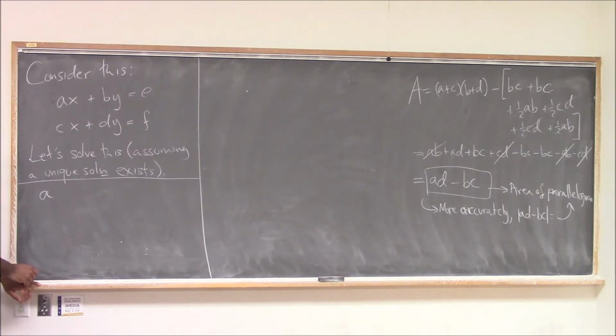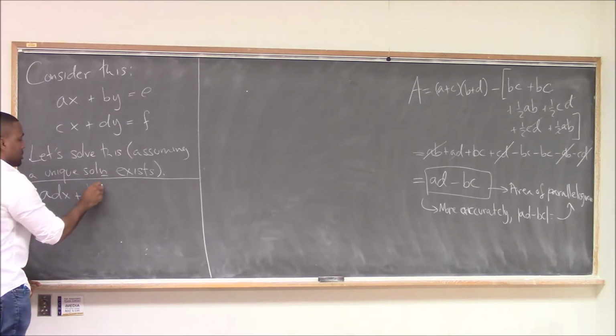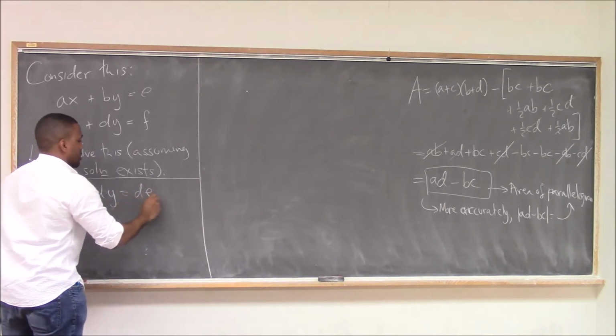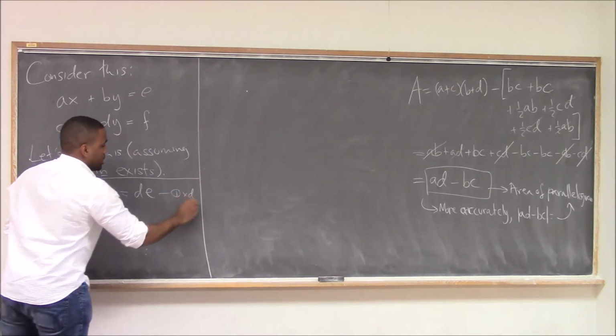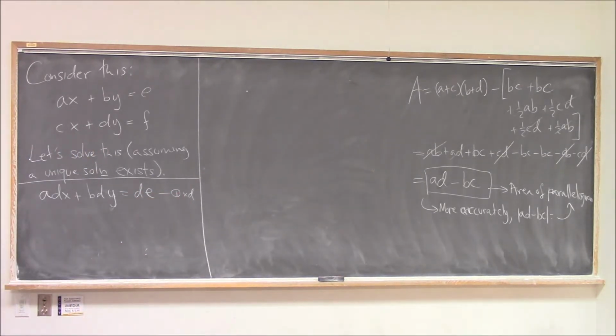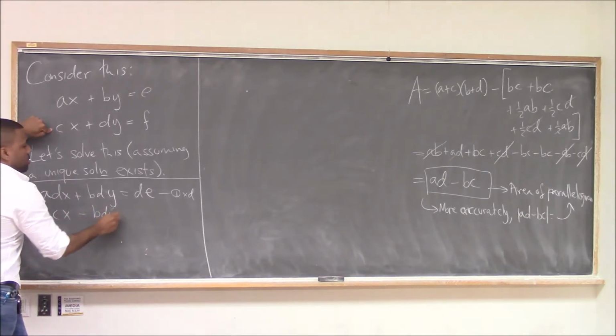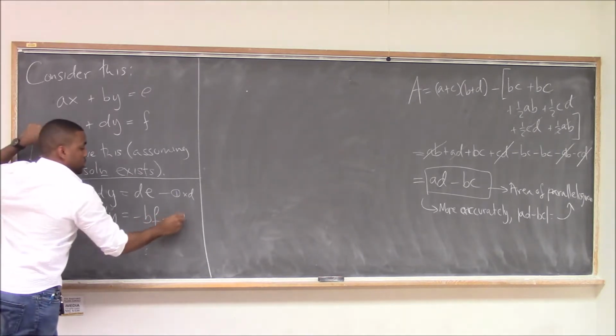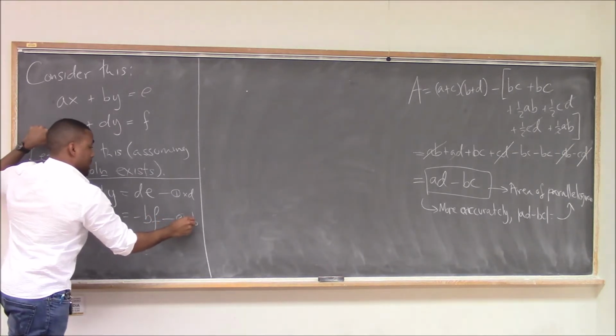I'm going to multiply the first equation by d, and multiply the second equation by minus b.